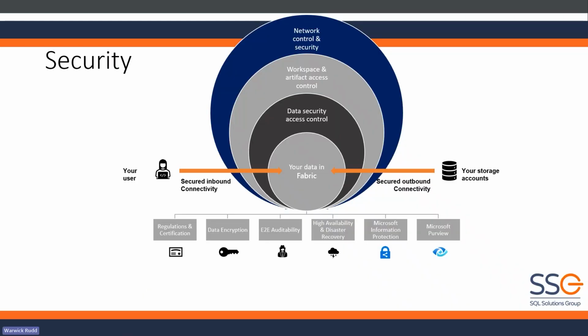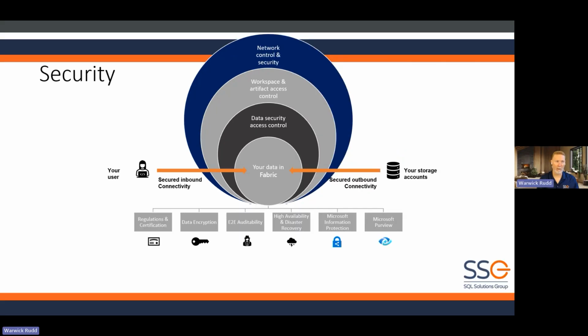Security. Now, this is a big thing, and we could have an entire session just on security, okay? But what it basically boils down to, it's like an onion. We need to peel it away from the outside until we get down to the actual data. But the security is based on the Power BI security, okay?